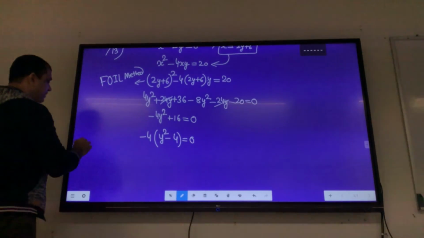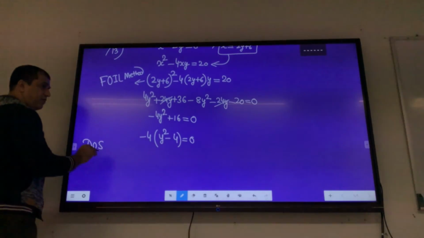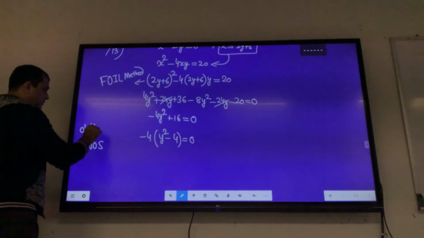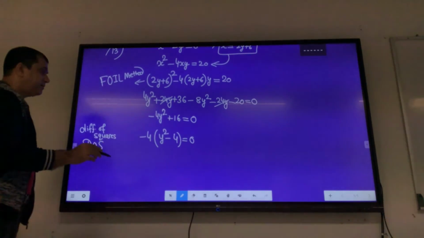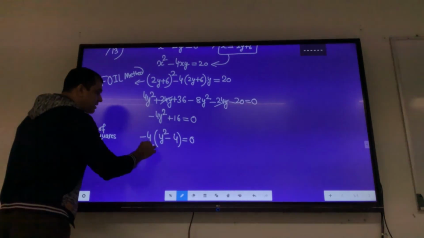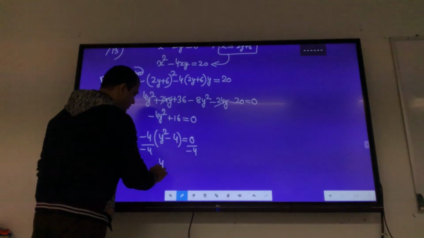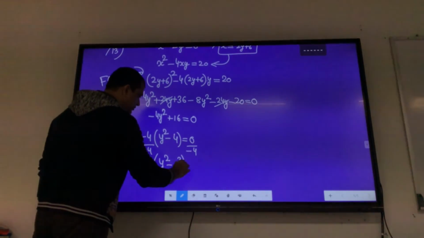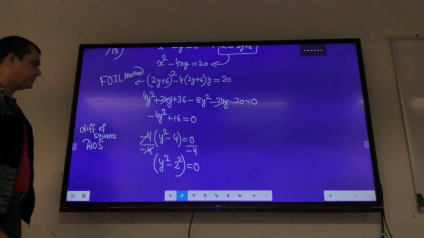Now we are going to apply the difference of squares formula. First of all, divide by minus 4 on both sides to remove this minus 4. You get here y squared minus 2 squared is equal to 0. 0 divided by something is 0.